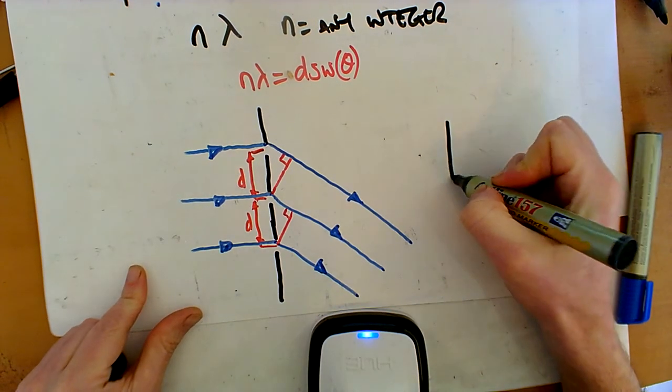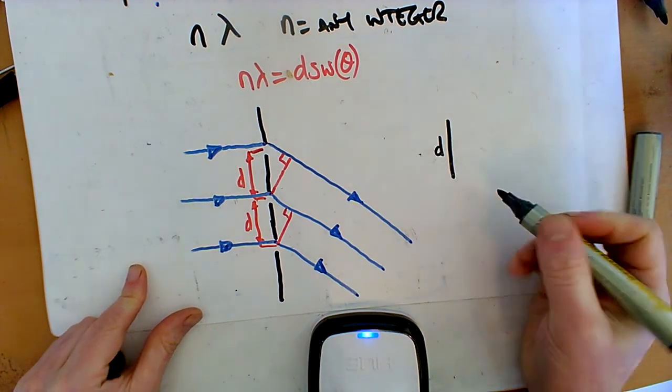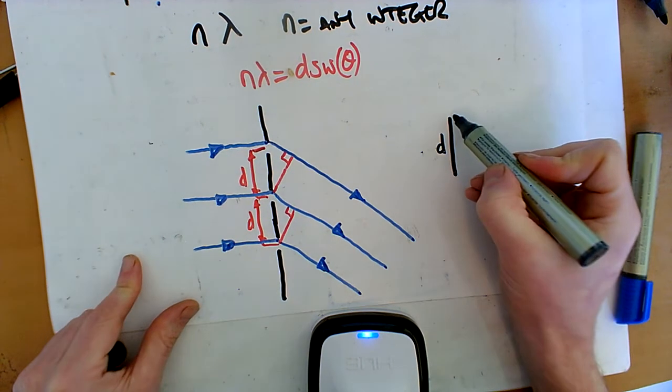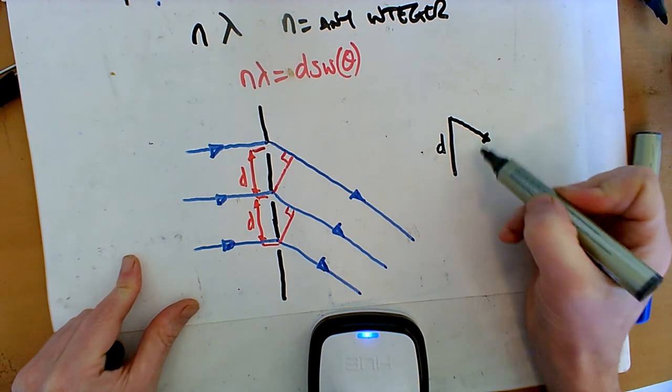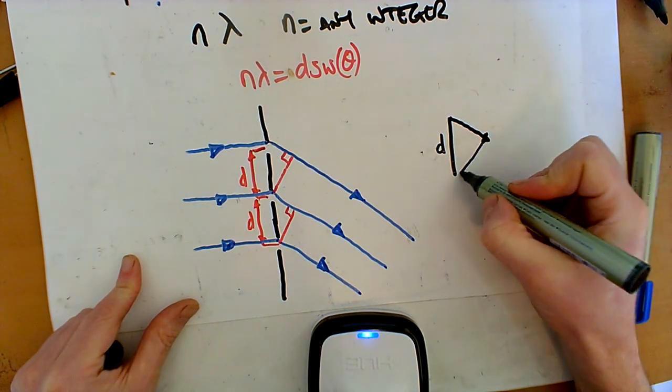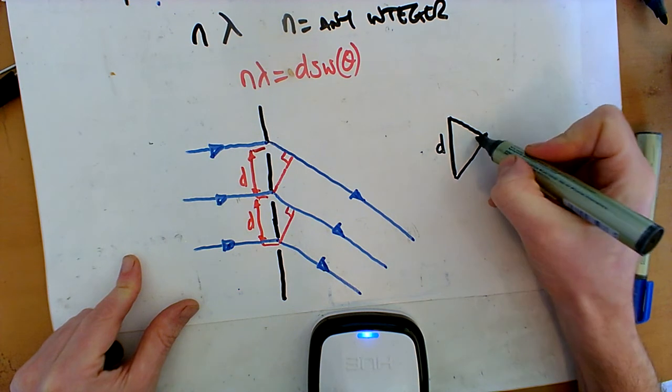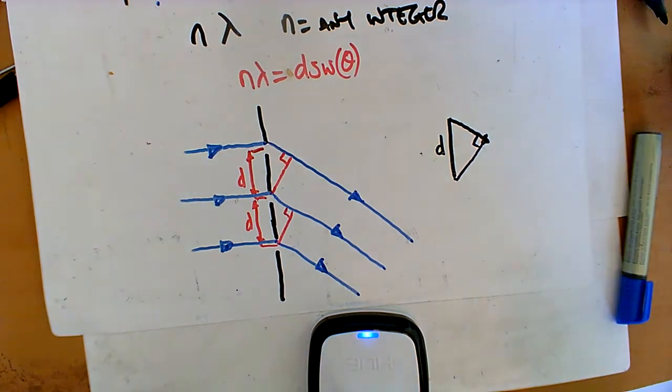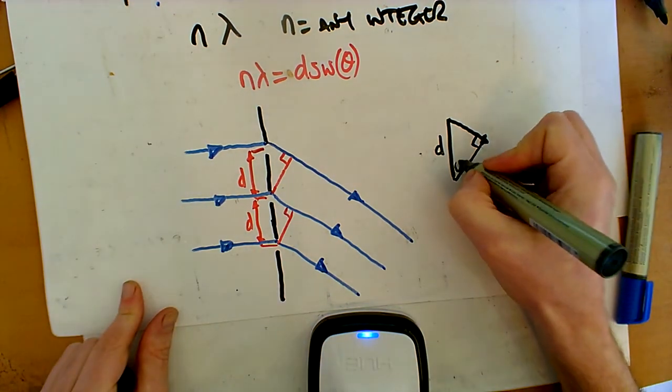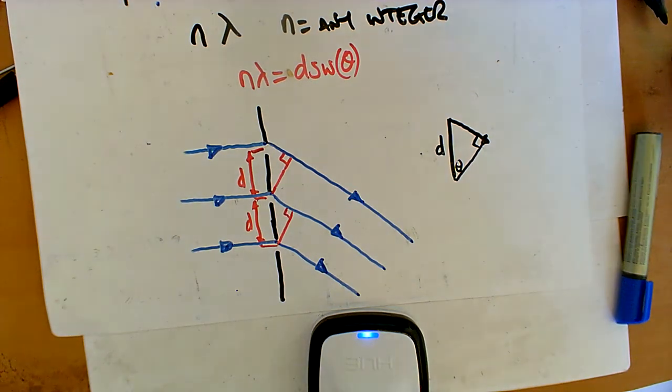So that was d, the grating constant, and this is where the ray was going to go, and this was the line that I drew just to make it a right angle triangle. This angle is going to be theta here.